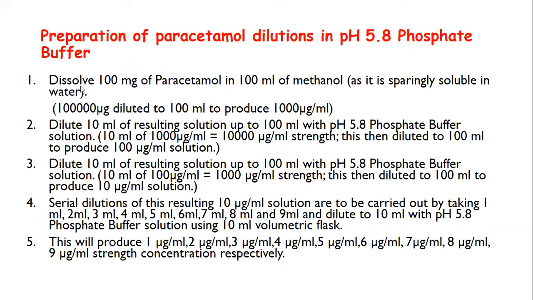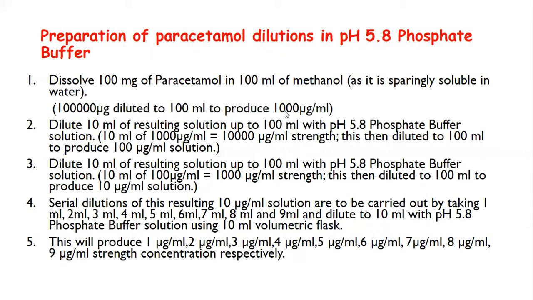For this, 100 milligram of paracetamol is dissolved in 100 ml methanol, as paracetamol is sparingly soluble in water. 100 milligram equals 1 lakh micrograms, so 100 multiplied by 1000 converts it into micrograms, and it is diluted to 100 ml. If we cancel the zeros, this becomes a 1000 microgram per ml concentration solution.